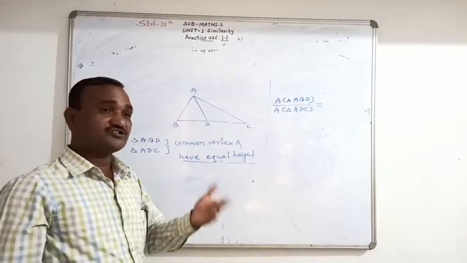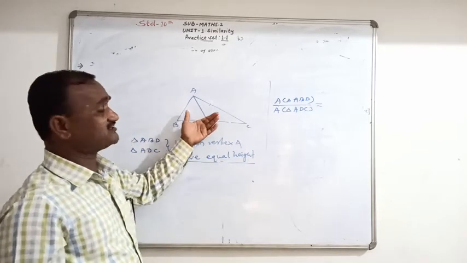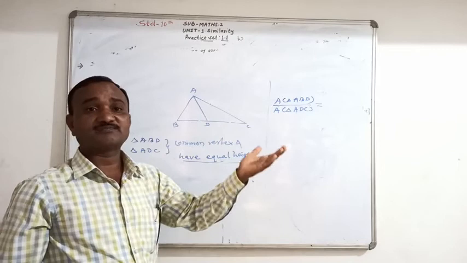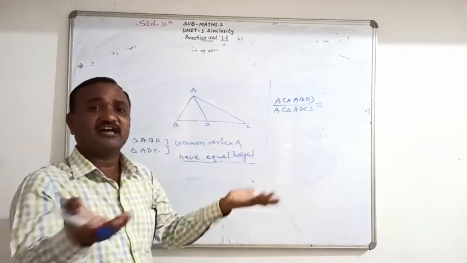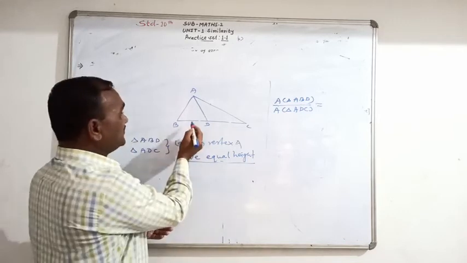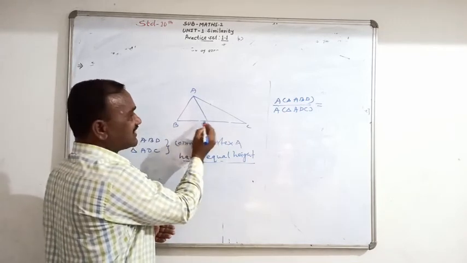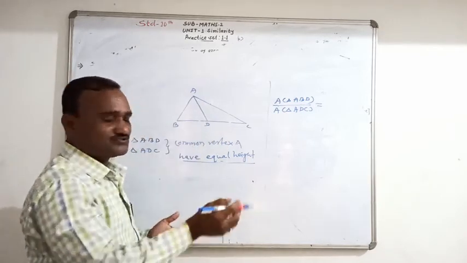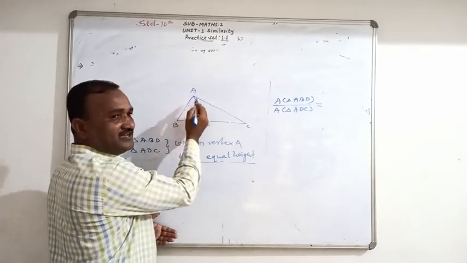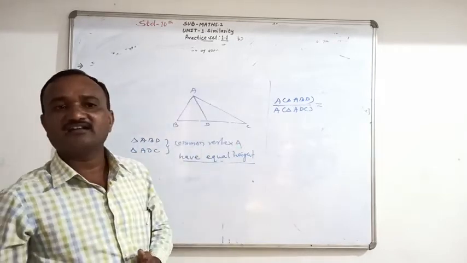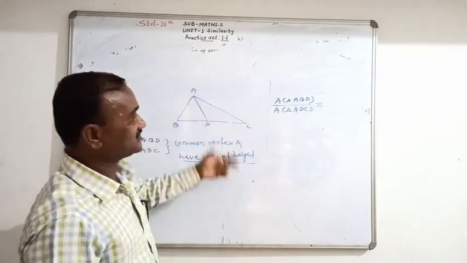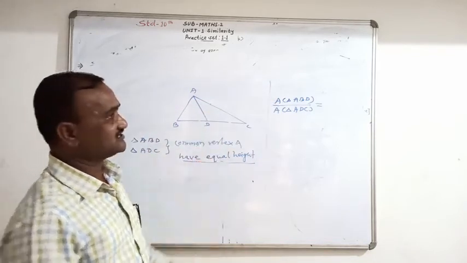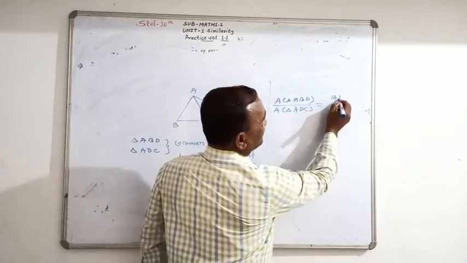So ratio of areas of these two triangles equals ratio of their corresponding bases. Which are bases there? The sides which are in the line, they are the bases. So here BD and DC, these are the sides opposite to A, they are in one line. So BD is the base of triangle ABD and DC is the base of triangle ADC. So ratio of areas of these two triangles equals ratio of their corresponding bases, that is equal to BD divided by DC.